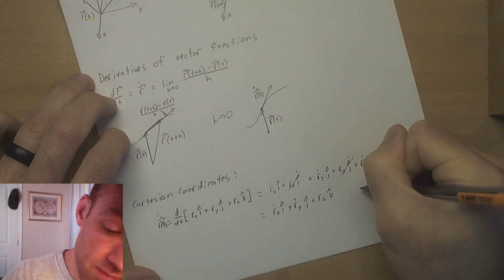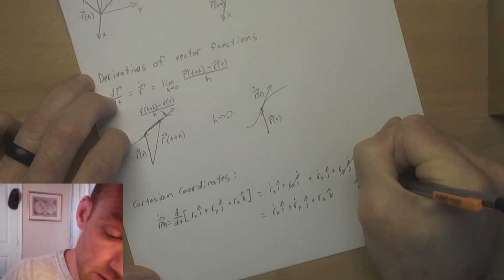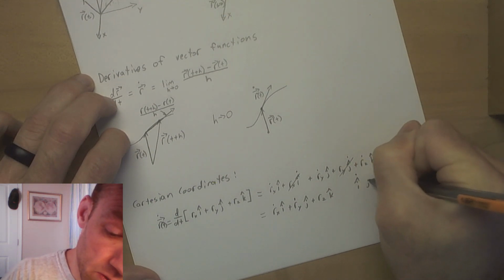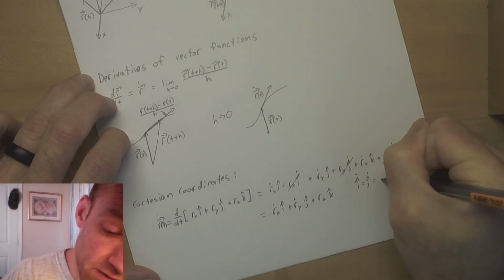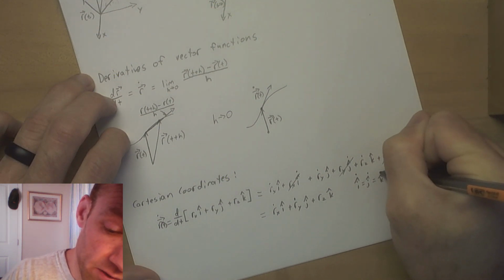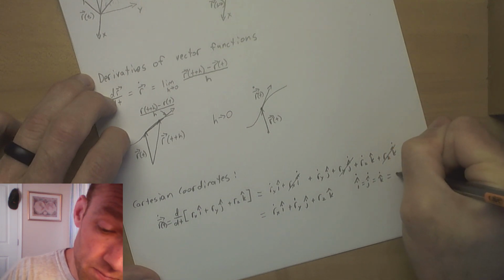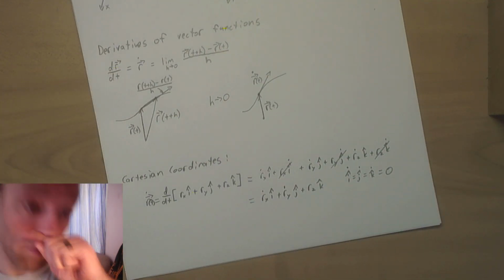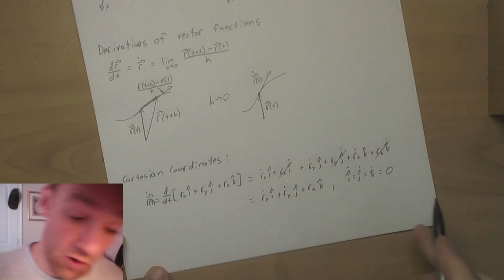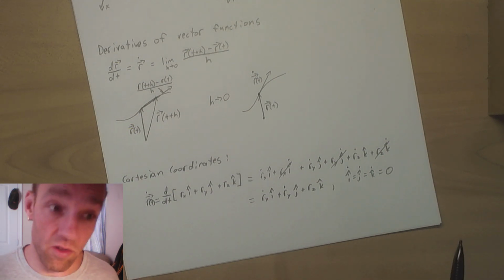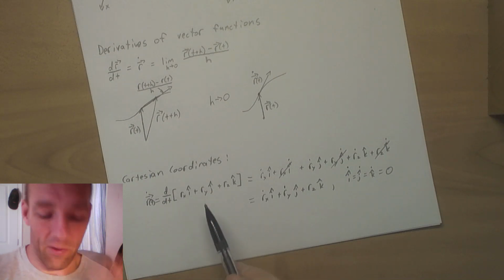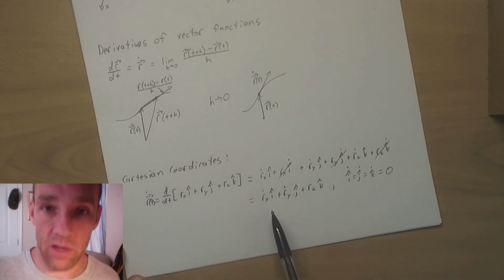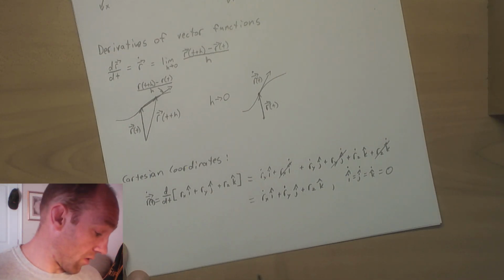Okay, and that's because the time derivative of each of the basis vectors is 0. This is only true in Cartesian coordinates. When we get into other coordinate systems, this will not be true, and so it complicates the taking of the derivative of a vector function.